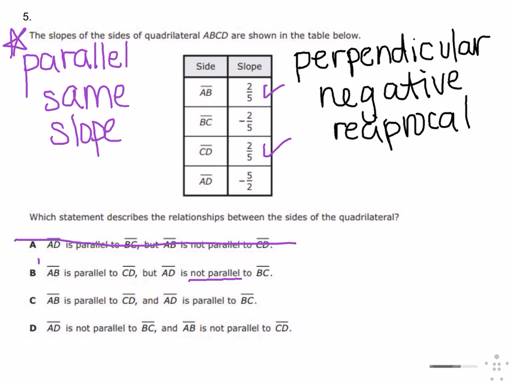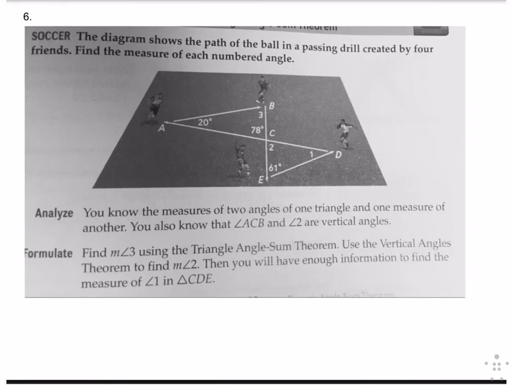That one's true also, because if they were parallel, they would have the exact same slope, and they don't. One has the 5 in the numerator and the 2 in the denominator. So those do not have the same slope. B is the correct answer.